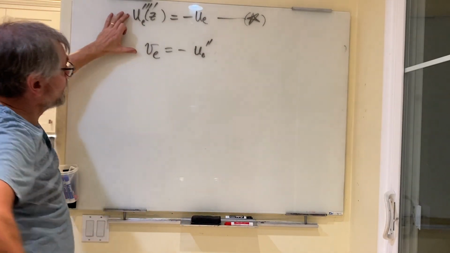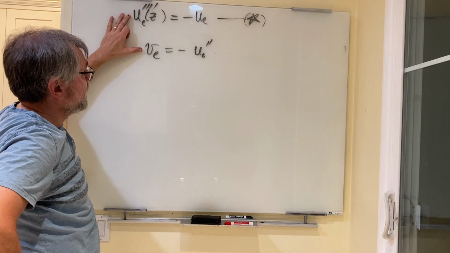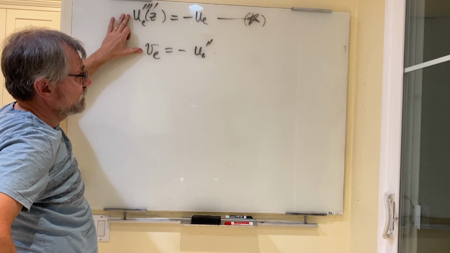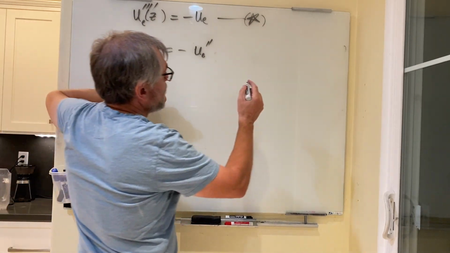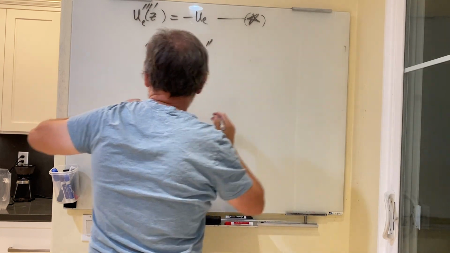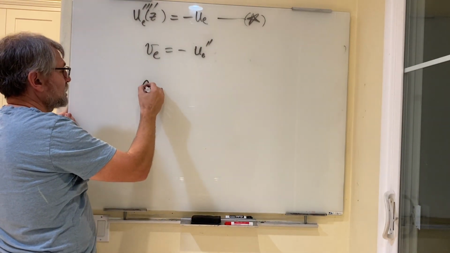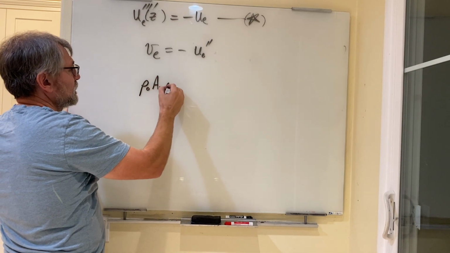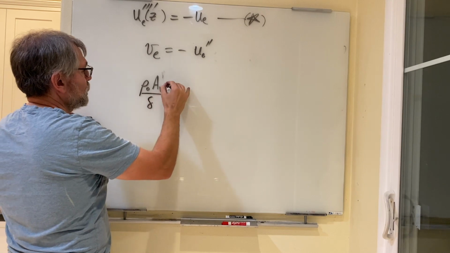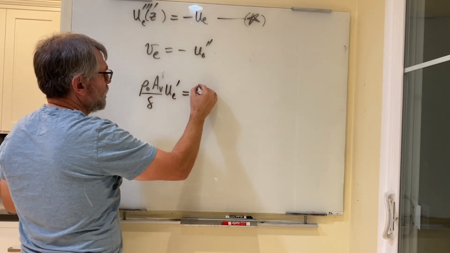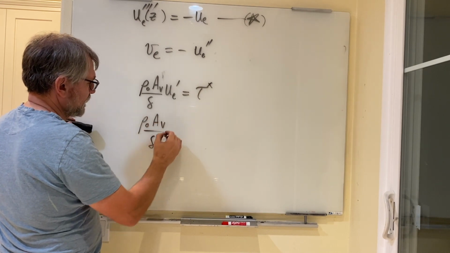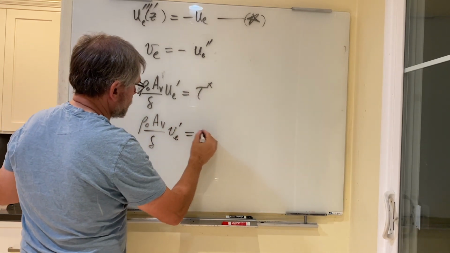I guess one thing I should maybe do right now is specify what the boundary conditions are at the surface in these non-dimensional variables. What were the boundary conditions again? At the surface, I had rho naught AV over delta UE primed is tau x, and rho naught AV over delta VE primed equals 0.